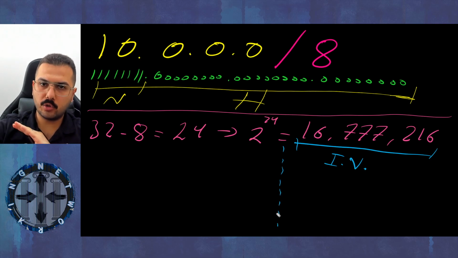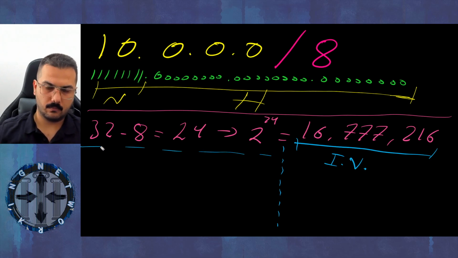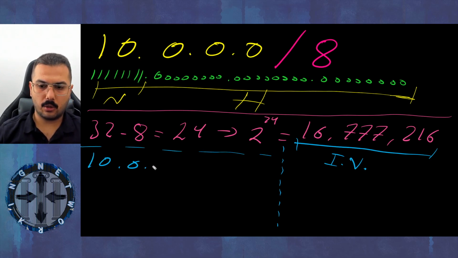So far, routine, 100% routine. 10.0.0.0 is the network ID. From the increment value, we need to understand how to reach the broadcast ID.